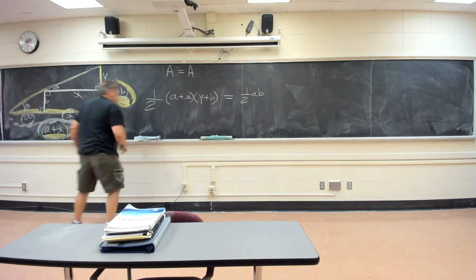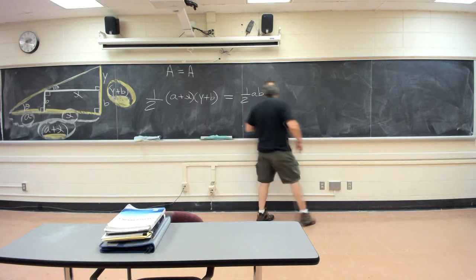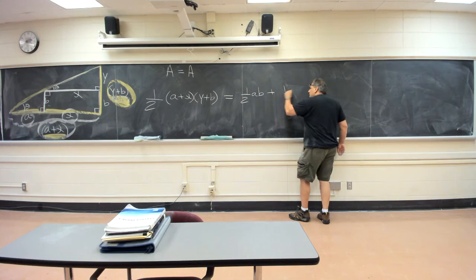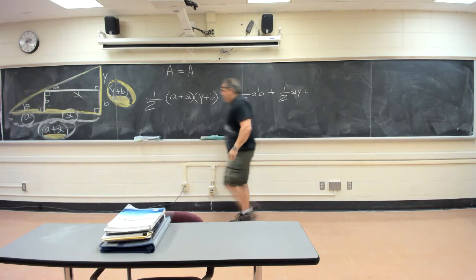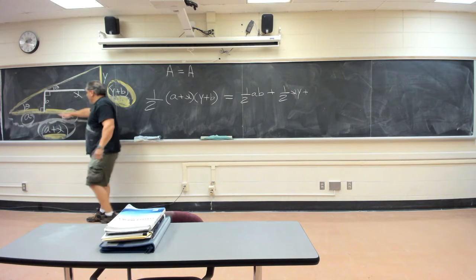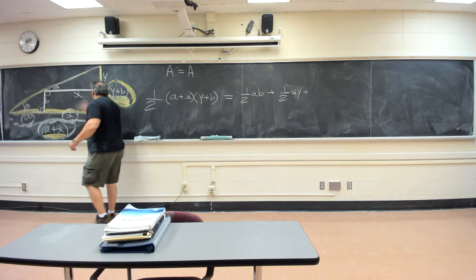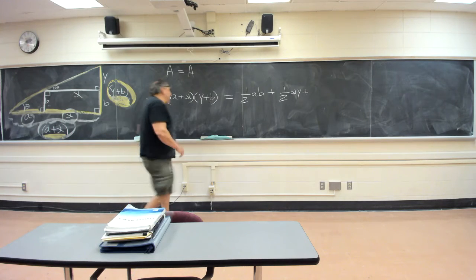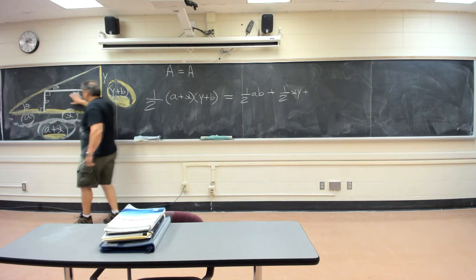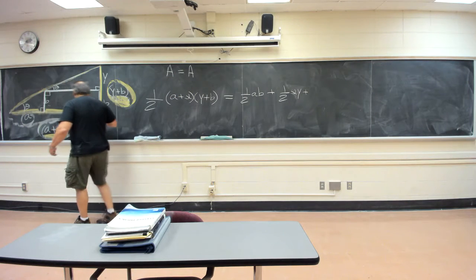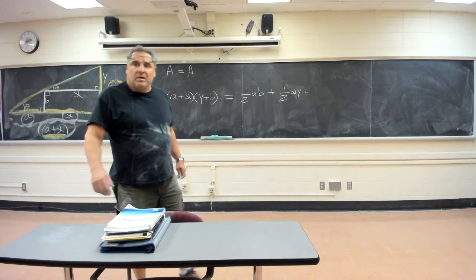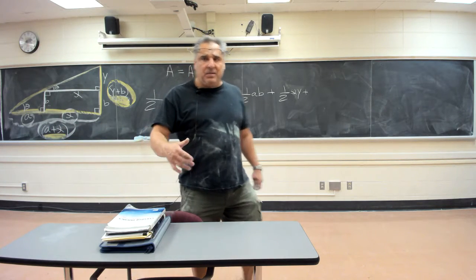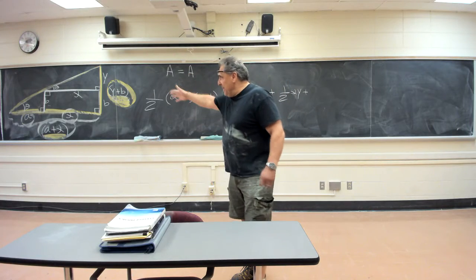This guy right here is 1/2 XY. I did it a little differently last time, but that's okay. This is X. This is X. That's B. And that is a rectangle composed of two identical right triangles. What's the area of the right triangle that is in there?